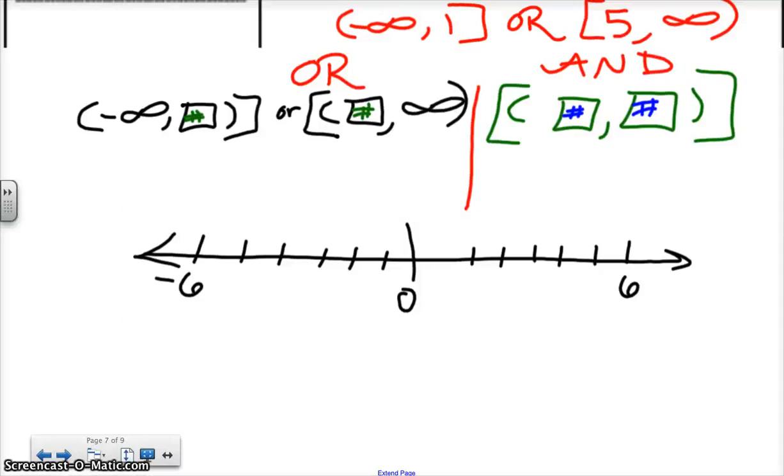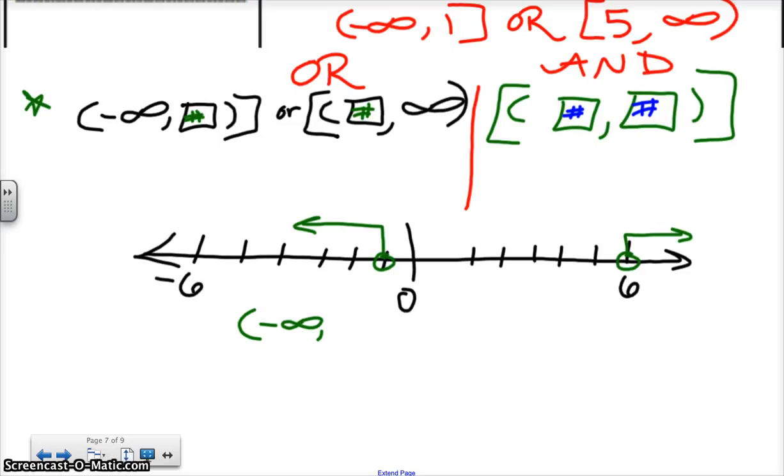Okay, first one that we're going to practice. I'm making an open circle at -1 going to the left, and I'm making an open circle at 6 going to the right. Is this an or an and statement? Or. I'm going separate directions, so I'm going to use this one. So I say, okay, negative infinity to a number.